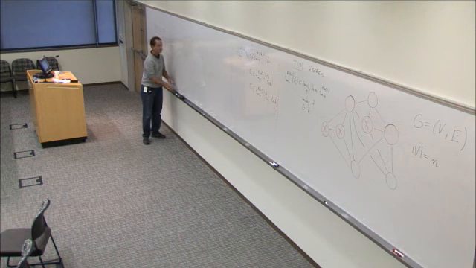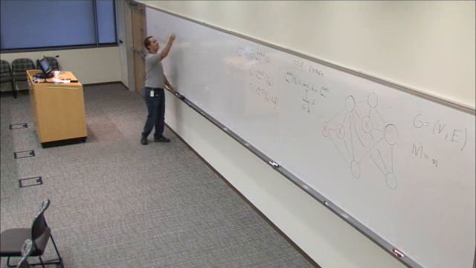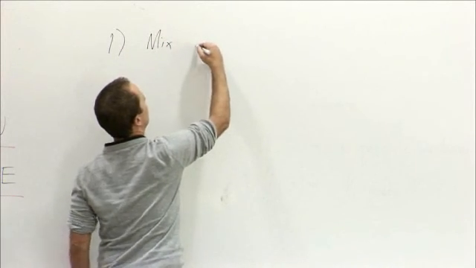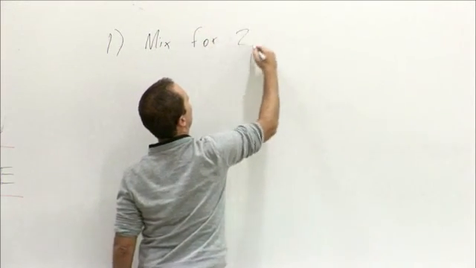A very rough outline of the proof is that you first consider mixing for two labeled particles.